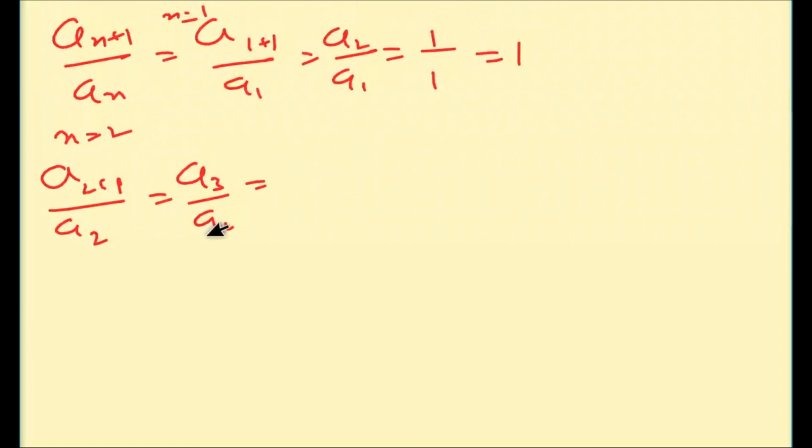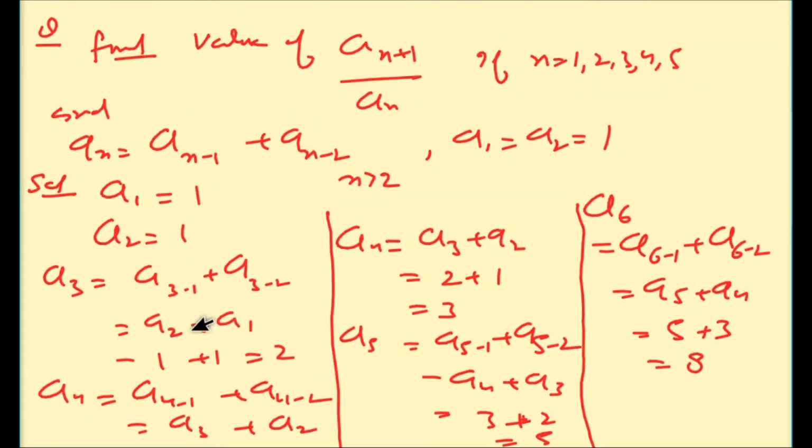What is the value of a3? a2 is 1, as we found, and in the previous board we found a3 is 2, a4 is 3, then 5, 8.